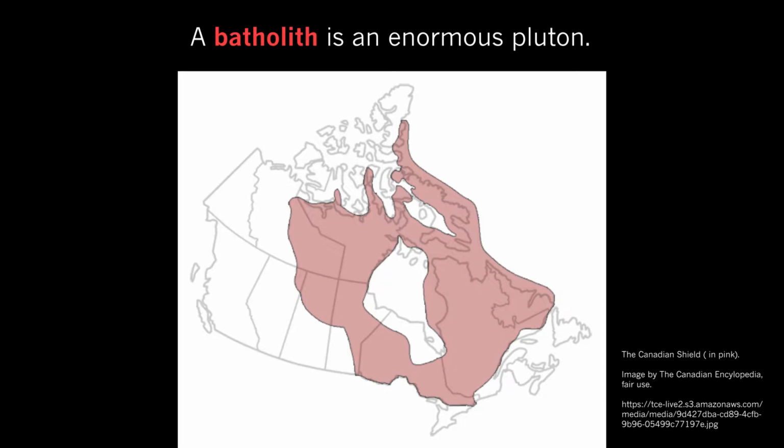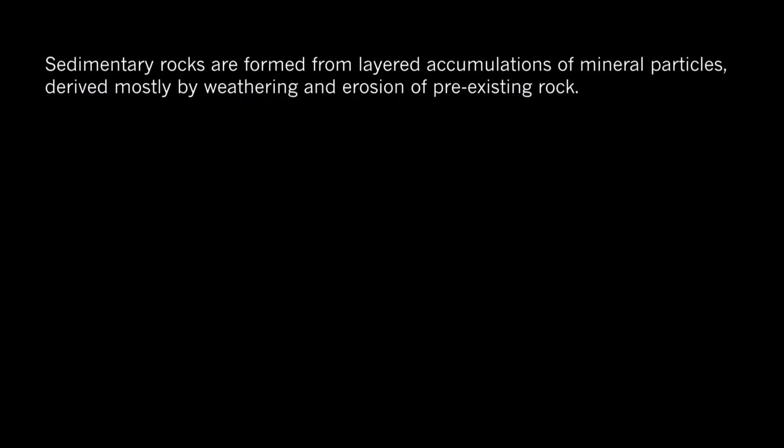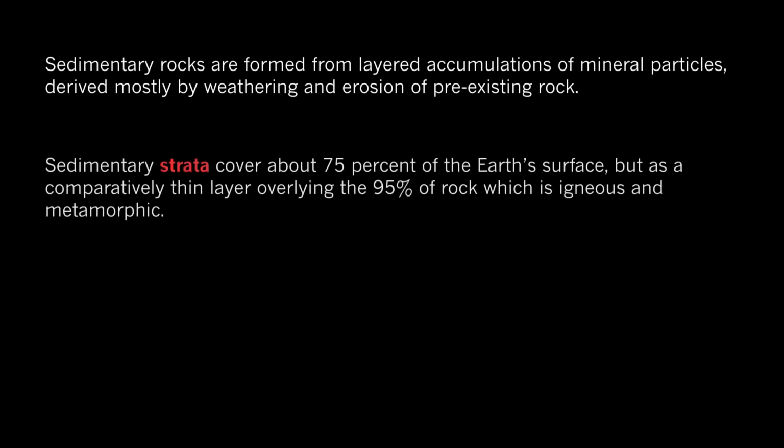Second type, sedimentary rock, is the layered accumulation of sediment, mineral particles, that's derived from the weathering and erosion of the other types of rock. Now, sedimentary strata, layers of rock, cover about 3/4 of the Earth's surface, but it's a relatively thin layer.